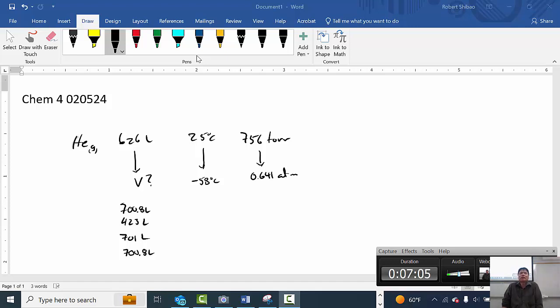Do you know which one of these is right? So far, it looks like 701 is correct because we have two groups that have gotten that, but maybe they aren't. Maybe what you should do is check your number and your work with other people around here.